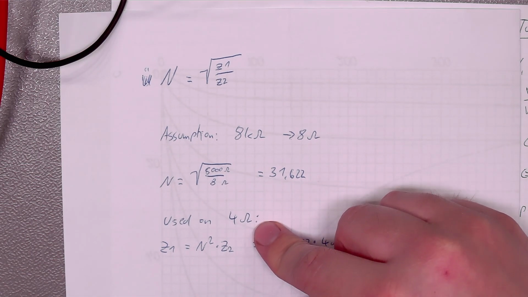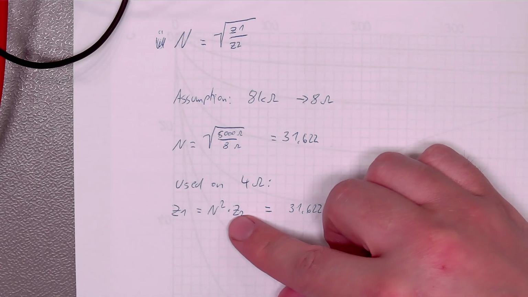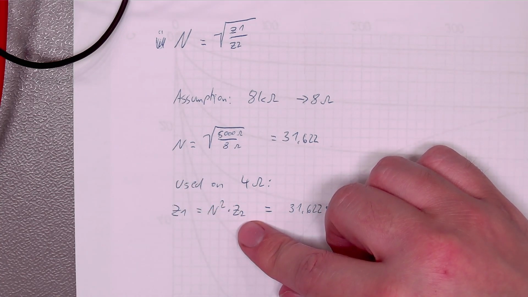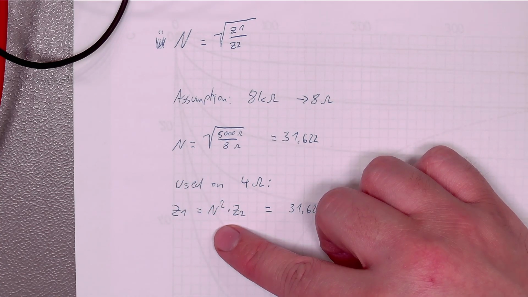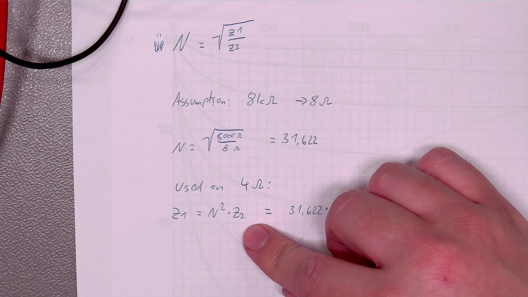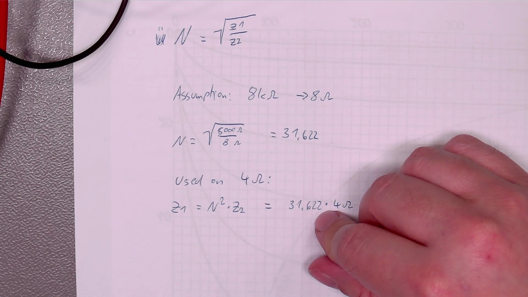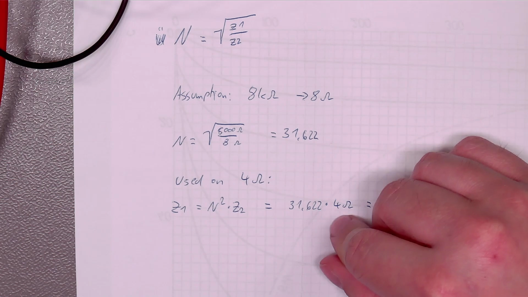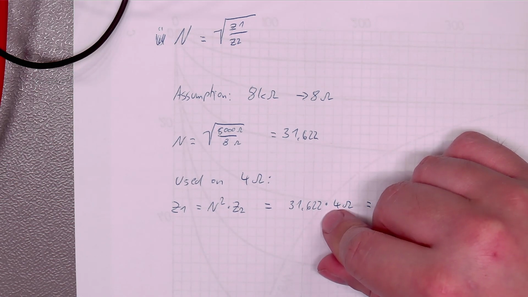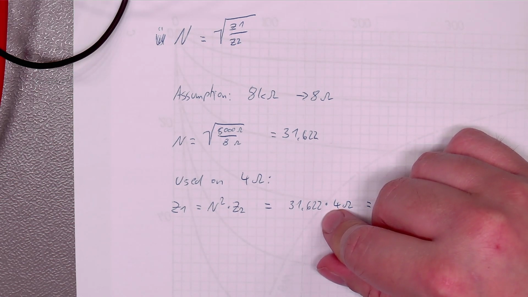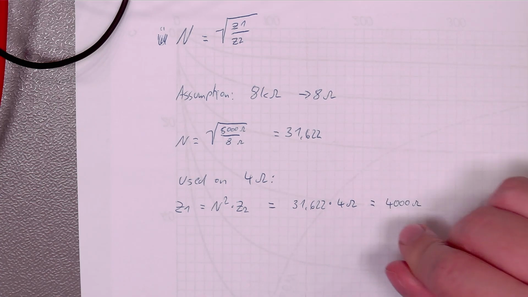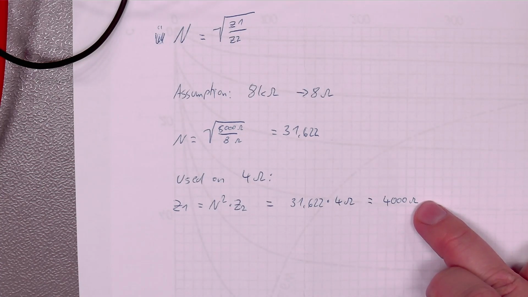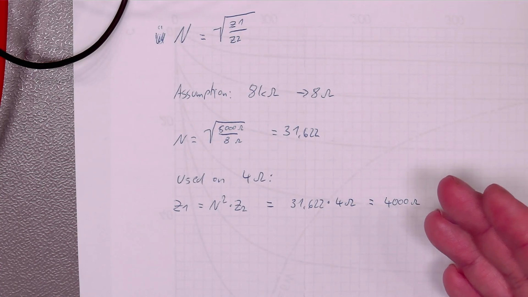And if we put that into our formula for the impedance calculation, we have again n squared times Z2. So we have 31.622 times 4 ohm. Oh, I forgot the squared. This is of course 31.622 squared times 4 ohm, which of course results in 4 kilo ohms. Hooray! Math. Simple.